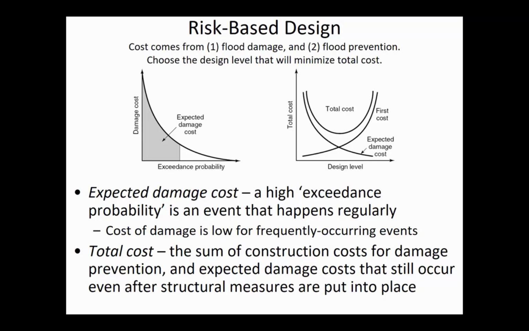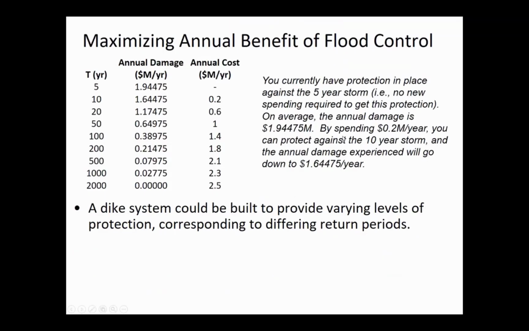Or you can spend more now, and there's going to be less of those maintenance and repair expenses. And so you want to balance that idea of spending a lot now and less in the future. You need to balance with structural measures. You want to balance not providing too much protection where the first costs overwhelm the damage, but trying to balance the both together to minimize the risk.